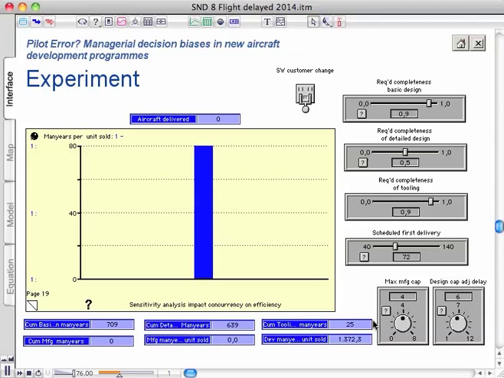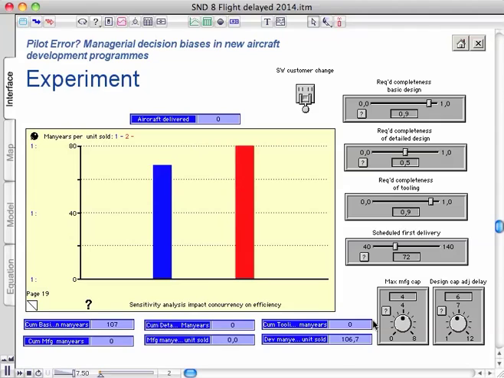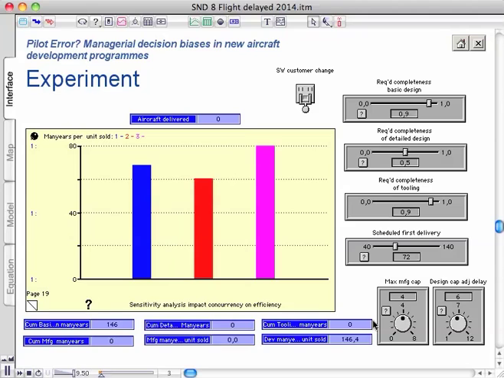In terms of total man years per unit sold, so a combination of both development and manufacturing man years per unit sold, this is the sequential mode, so very high required completeness, very low concurrency. This is modest concurrency. Takes some time to complete on this, somewhat slow, so that's a lot better in terms of fewer man years per unit sold, because you sell more units.